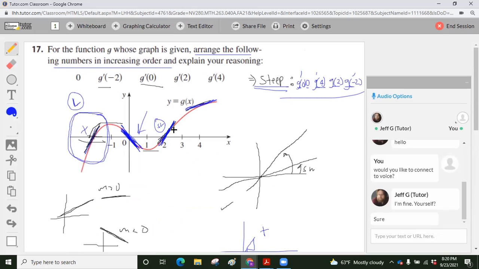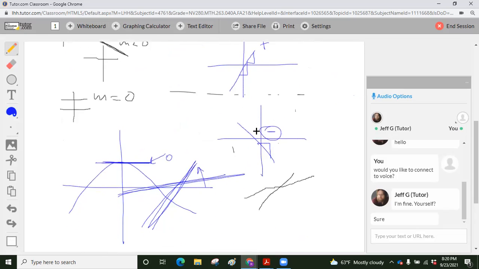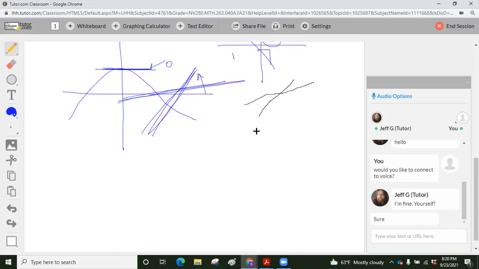The steeper it is, the larger the positive number the slope is. Right. So if I was comparing the slope of that line with the slope of that line, the slope of this line is a bigger number than that one.